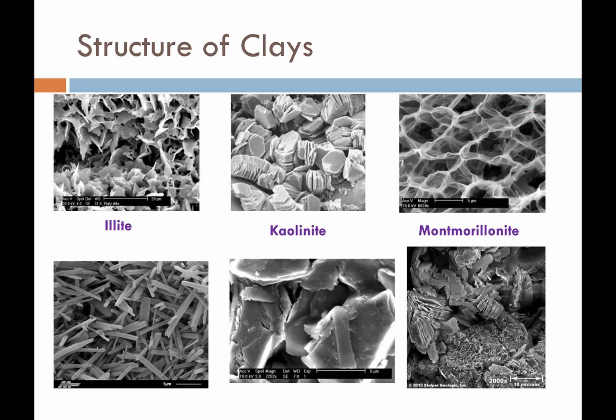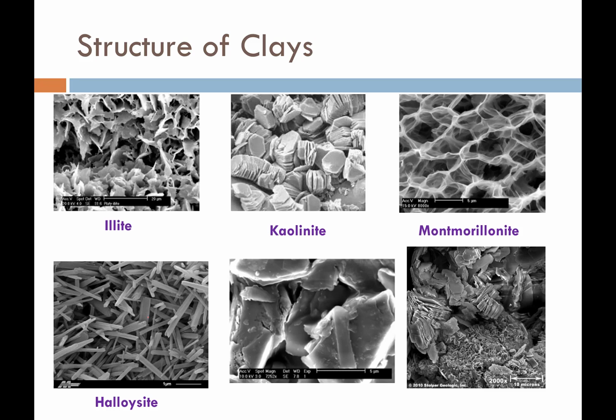So, for instance, this one on the bottom left is a unique and interesting clay mineral. It's called halloysite. It's not necessarily rare, but it's different because its molecular structure causes these sheets to roll themselves up into tubes. But if you dry the clay out, or if you heat it up, it will cause those tubes to unravel.